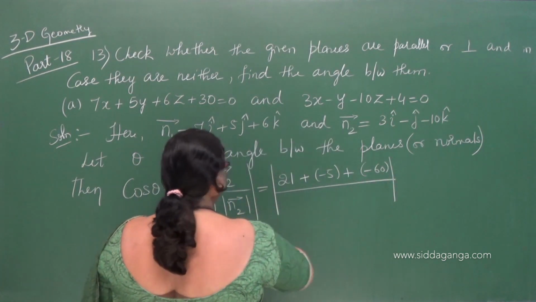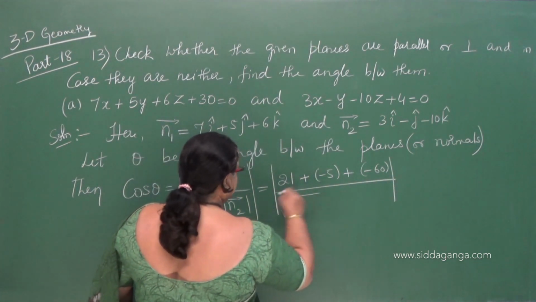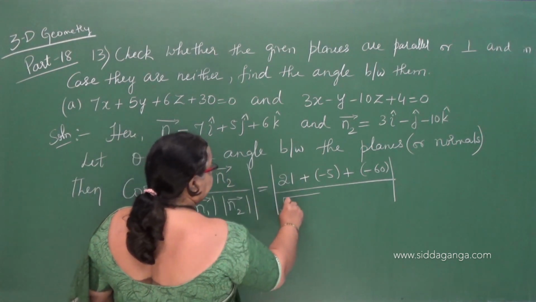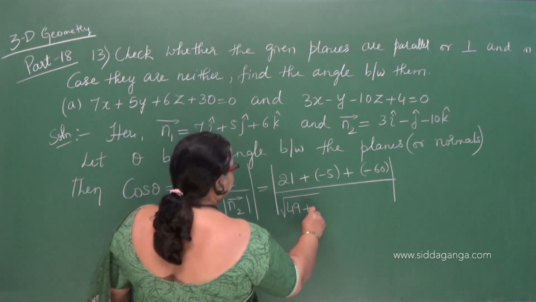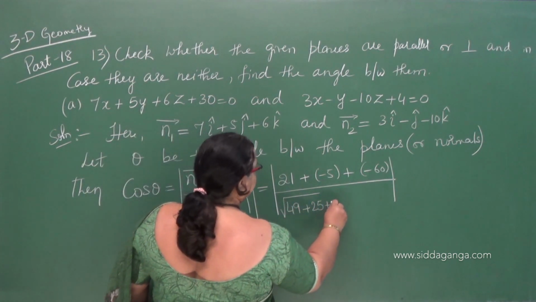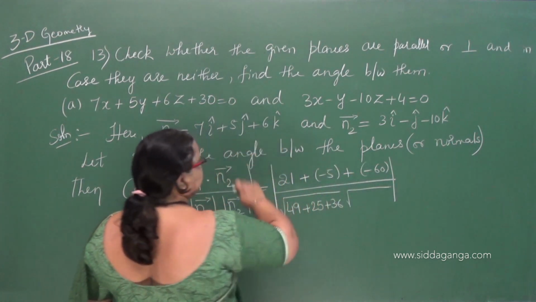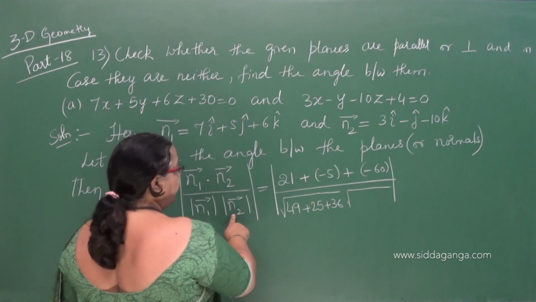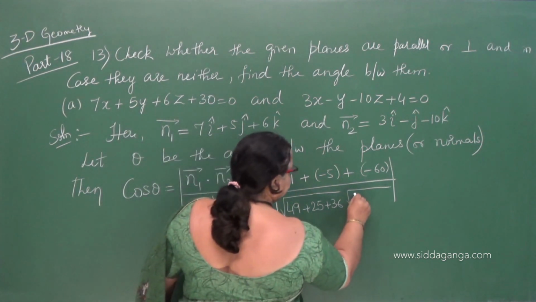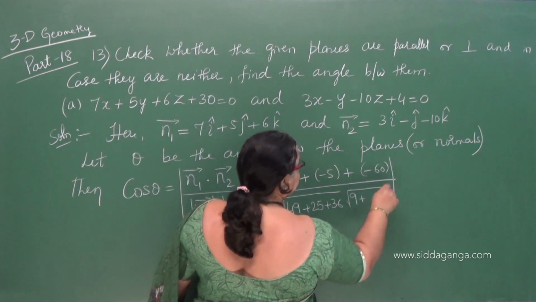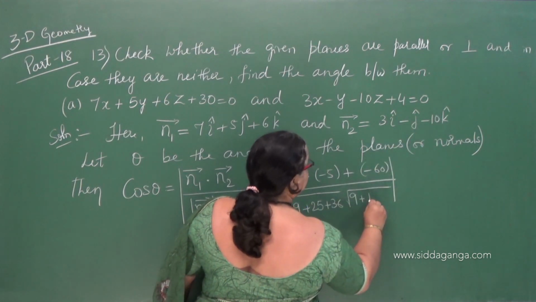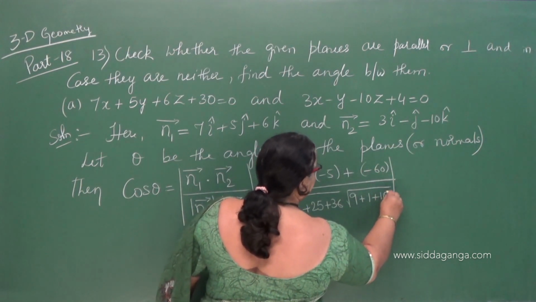magnitude of n1 vector, that is 7 square 49 plus 5 square 25 plus 36, into magnitude of n2 vector, 3 square 9 plus minus 1 whole square 1 plus 100.